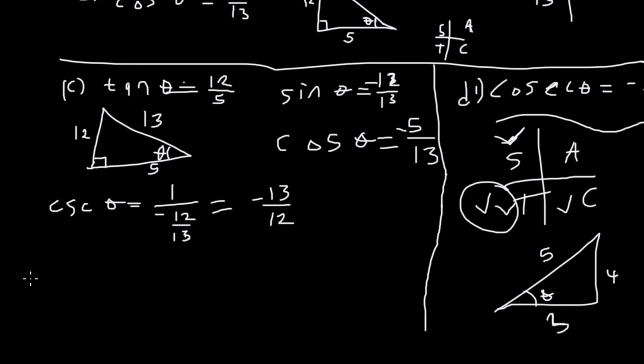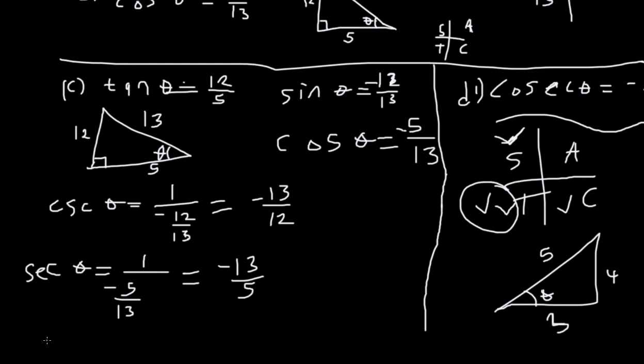And then you also move on to finding sec. So sec theta, you look at your cos. Cos is negative 5 over 13. So 1 over cos, which is 1 over negative 5 over 13, you find your answer to be negative 13 over 5.